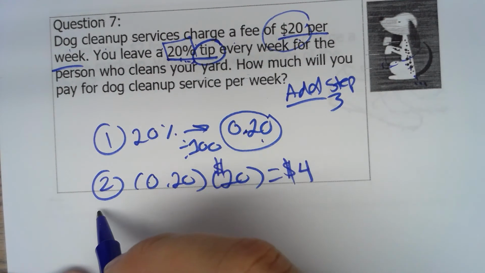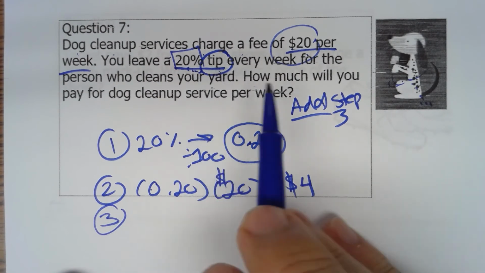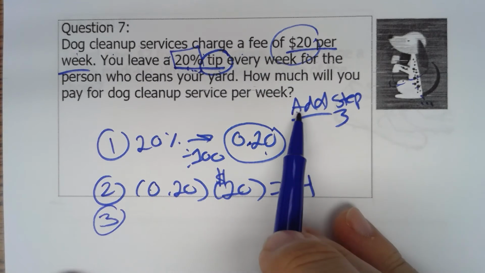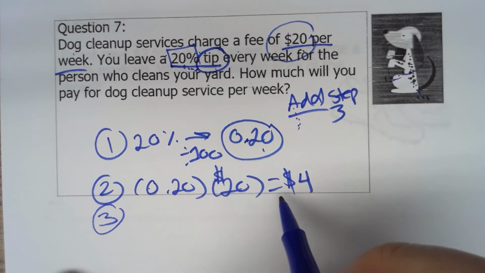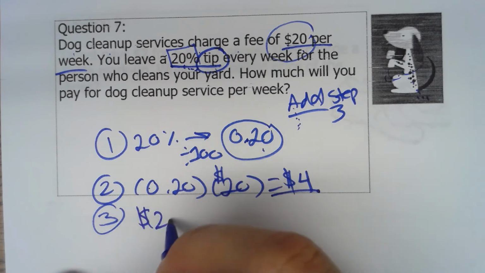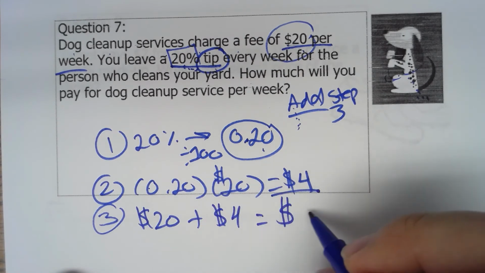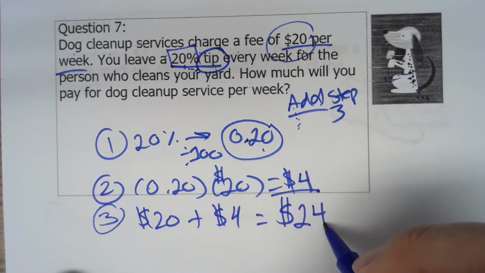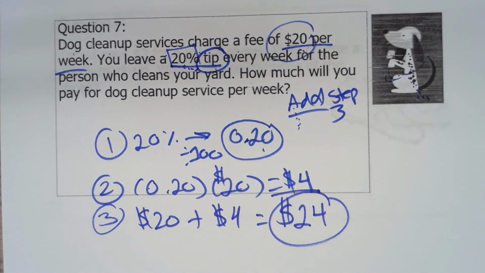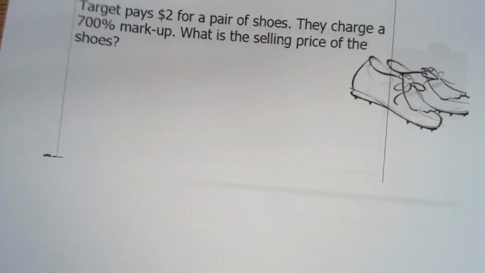Step 3, I'm doing tip, so when I get to step 3, I have to add. So I add $4 to the original price: $20 plus $4. So after I give them a 20% tip for walking my dog, I'm going to give them $24 total.